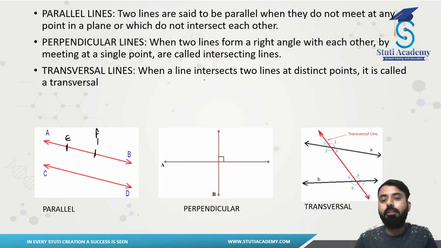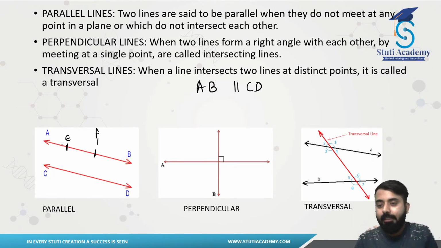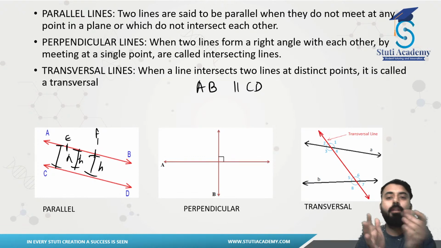So what happens here is, I know AB will be parallel to CD as long as they do not share any common point, they do not converge at any common point, they do not diverge from any common point. So that means if the distance between them at any given point is the same, then I can say the lines are parallel.